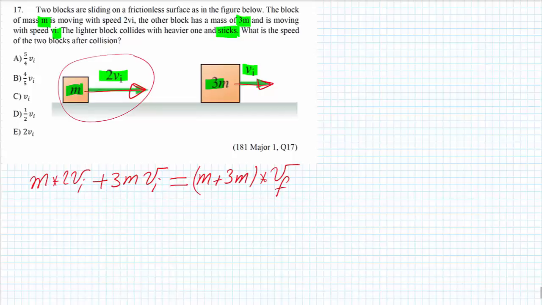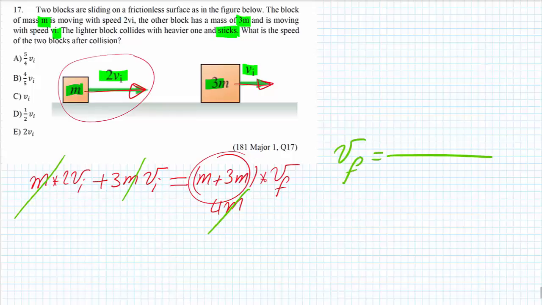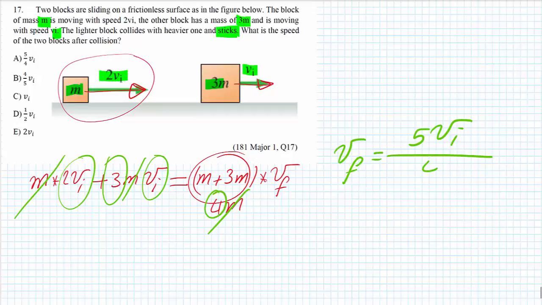I will call it vf. Then we can remove the mass from all the sides. That means vf equals 2 times vi plus 3 times vi, which gives 5 times vi divided by 4. So it's 5 over 4 times vi.